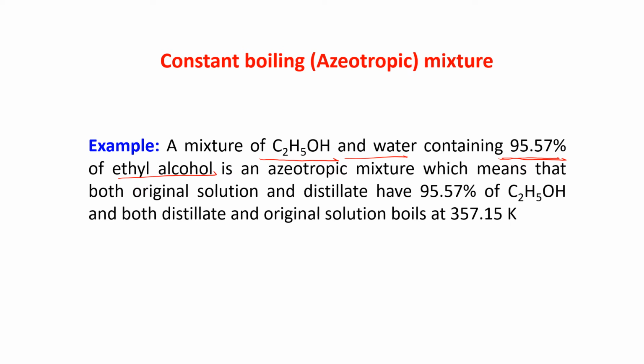If we take a solution of ethyl alcohol and water where the percentage of ethyl alcohol is 95.57% and the rest is water, it is an azeotropic mixture. This means that both the original solution and the distillate have 95.57% of C2H5OH and both boil at 357.15 Kelvin. I hope you have all understood what an azeotropic mixture is.